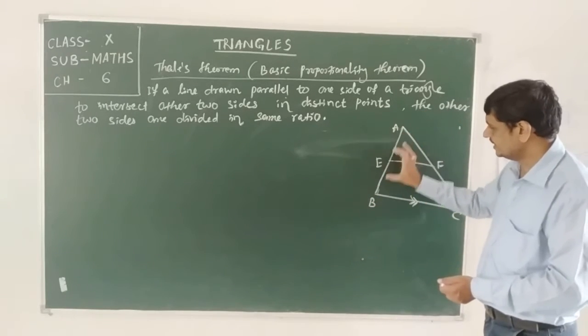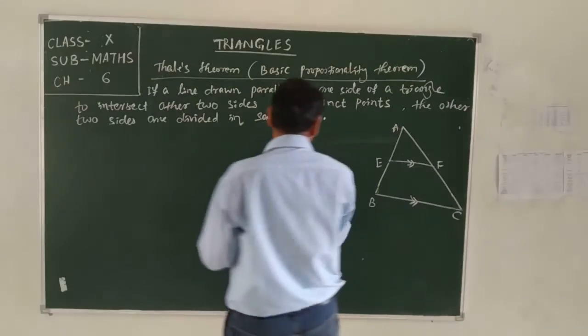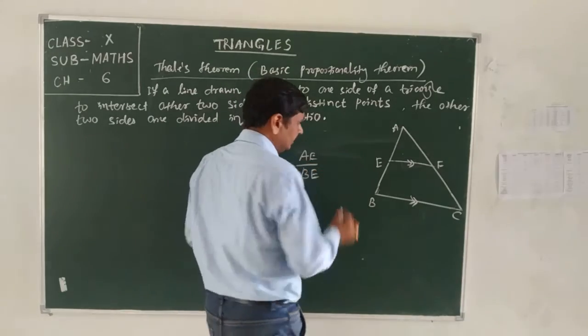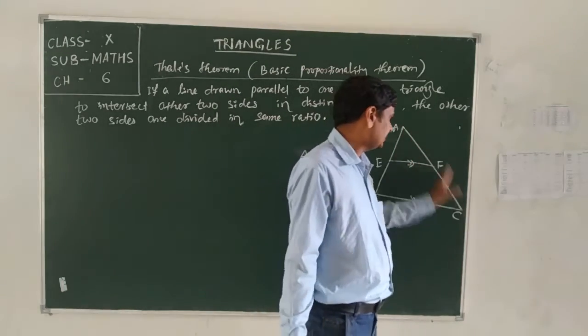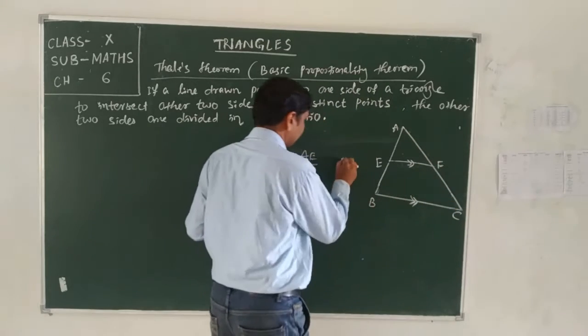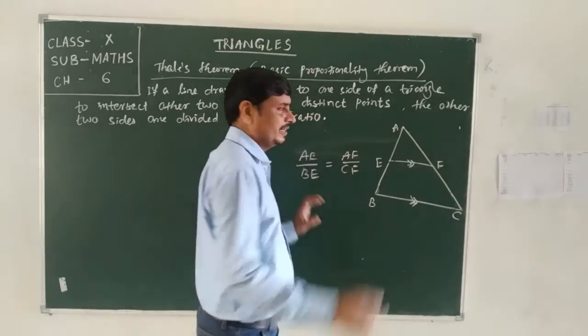That means AE by EB, and for this side AC it is AF by FC, which two become equal.